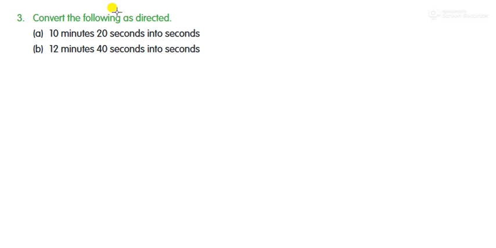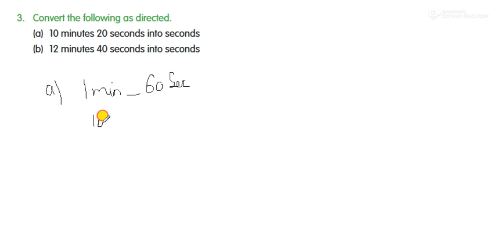Here the third bit is convert the following as directed: 10 minutes 20 seconds into seconds. Here we have to convert these 10 minutes into seconds. 1 minute equals how many seconds? 60 seconds.